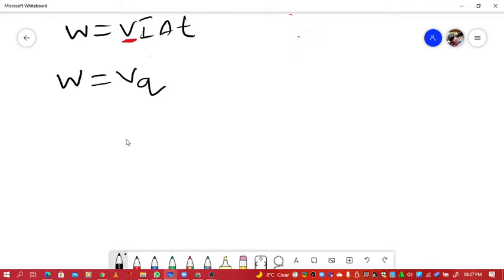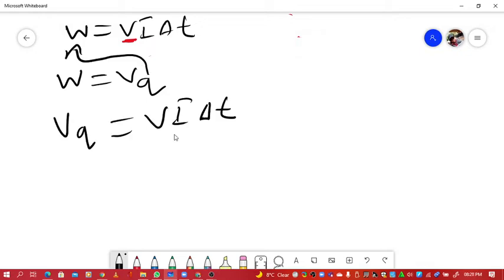So now, where we see work, we can replace it with this. So VQ is equals to VI delta T. Now the problem will be these two things will cancel each other.